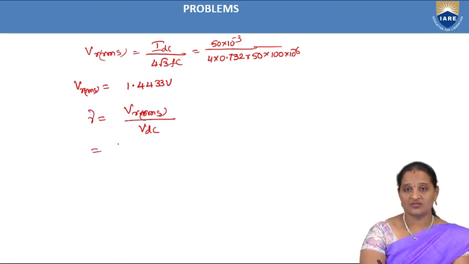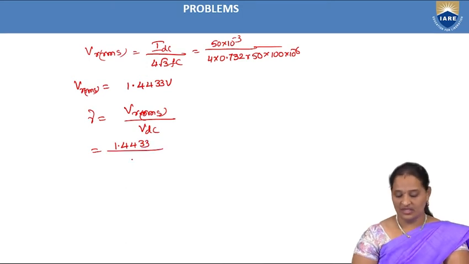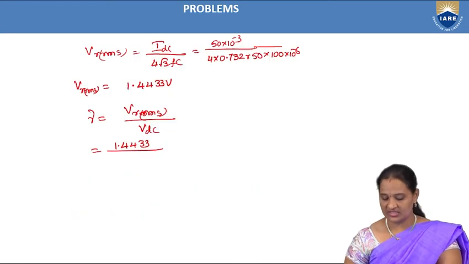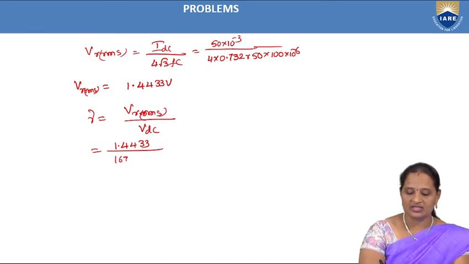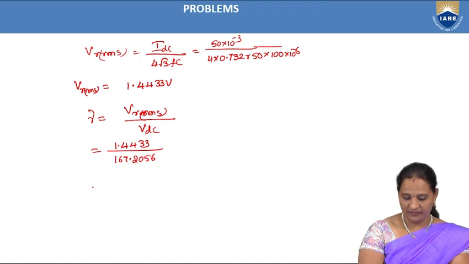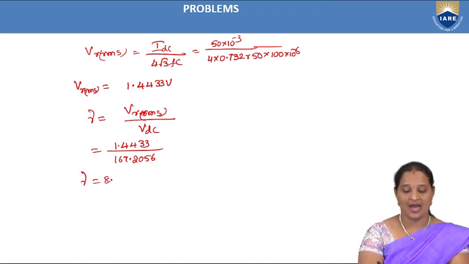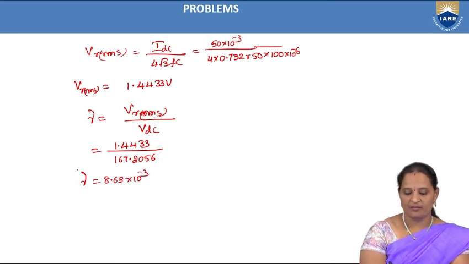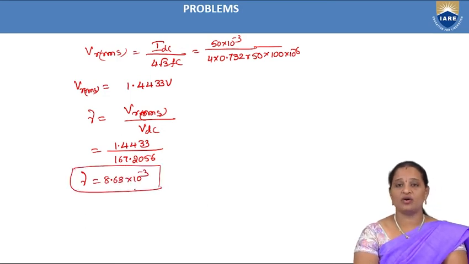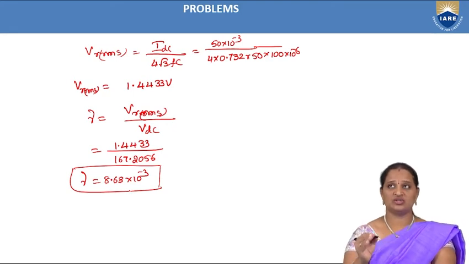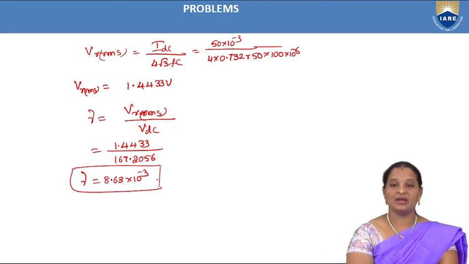The VR RMS value we have just found, 1.4433, divided by the VDC value we just found, 167.2056. If you calculate this, we get the ripple factor gamma as 8.63 into 10 to the power of minus 3. That means 0.00863, which is very small.